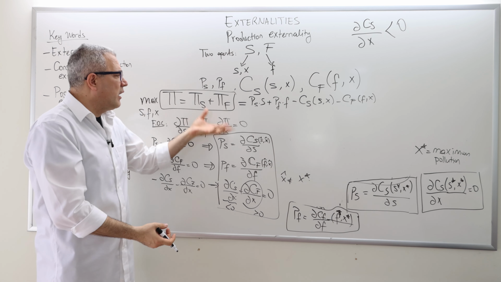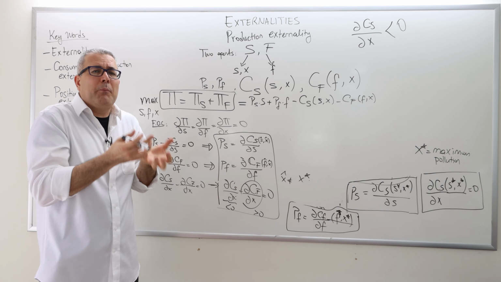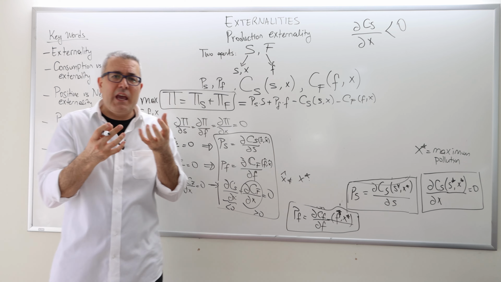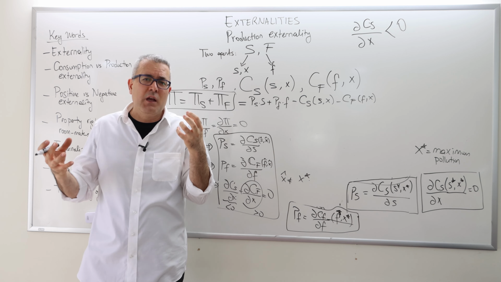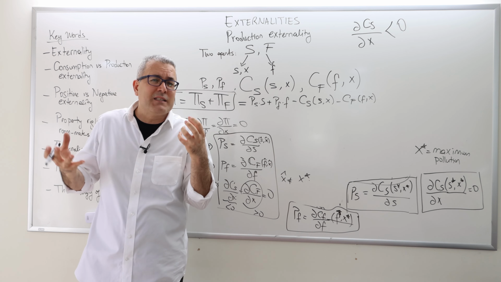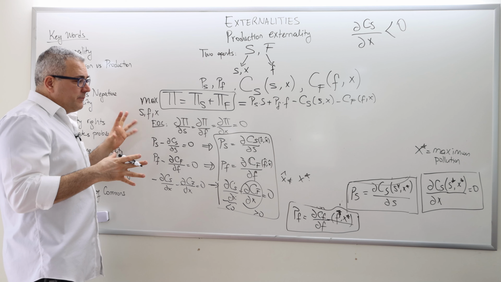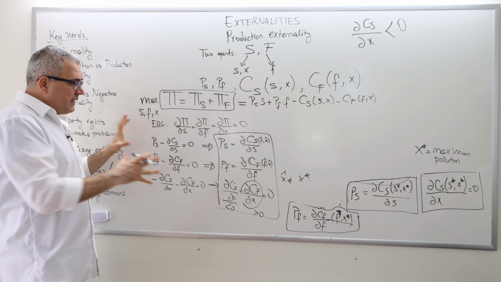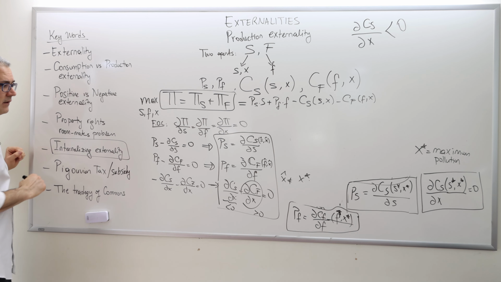So when you try to maximize the total profit, you're going to choose the pollution optimally, because you not only care about the steel company, but also care about the fishery. You also try to keep the fishery's profit as high as you can. This is what we call internalizing the externality.